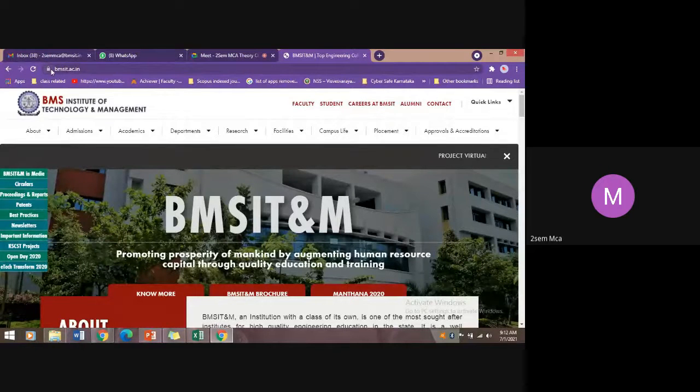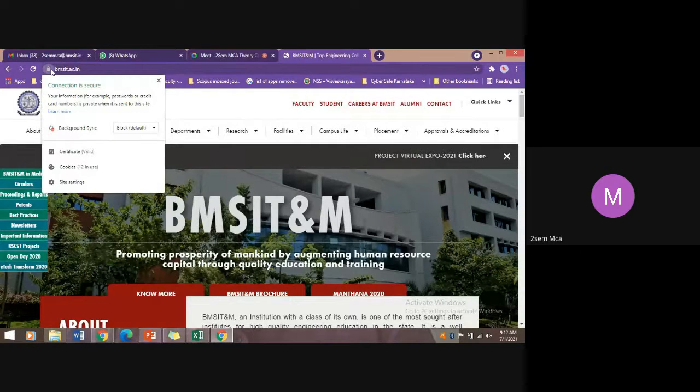Also you need to check the lock, whether it is HTTP protocol or HTTPS protocol. As I said, either HTTP or HTTPS, if the content is vulnerable or malicious, there is a chance that even though it is HTTPS, the content of that website or web links are malicious.